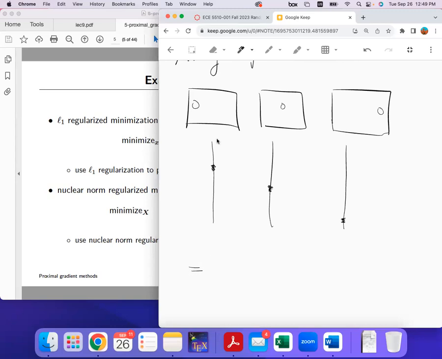You can imagine there's a static background where there's no moving objects, just the static background plus some noise.